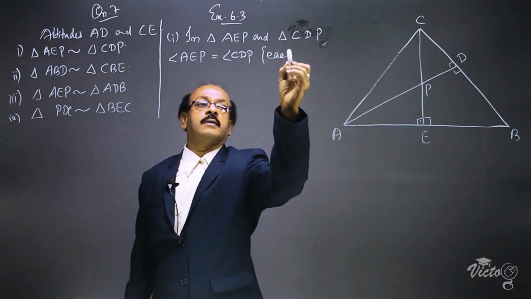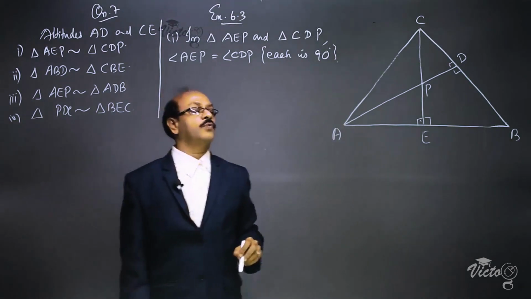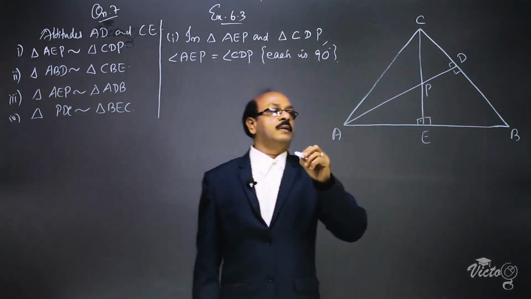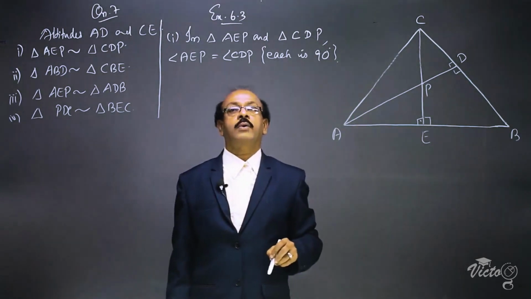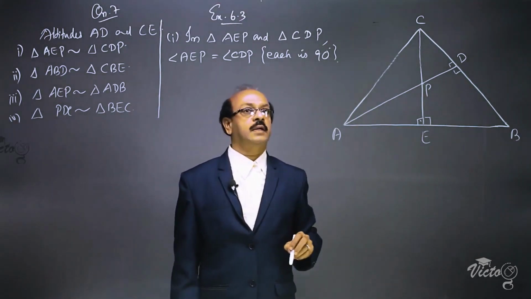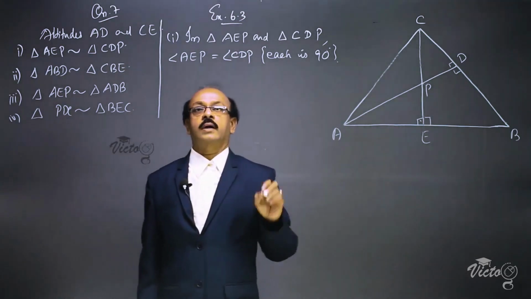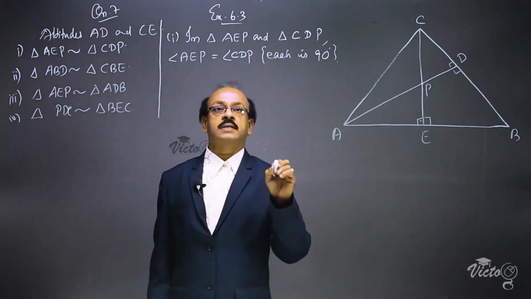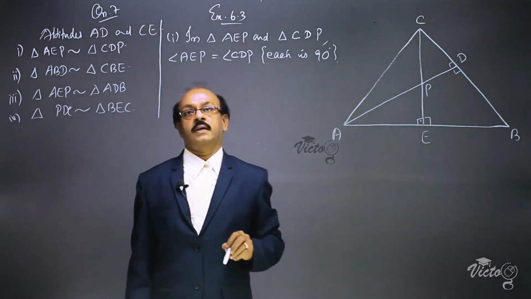Reason, each is 90 degrees, because AD is an altitude and CE is also an altitude. Therefore, angle AEP is equal to 90 degrees and angle CDP is also equal to 90 degrees. That means each is 90 degrees.